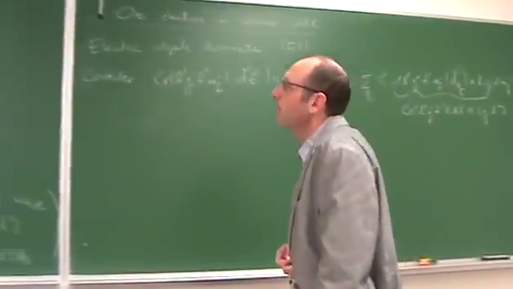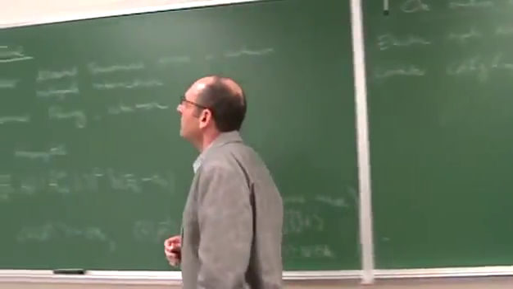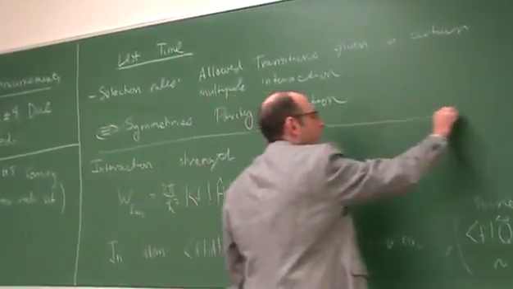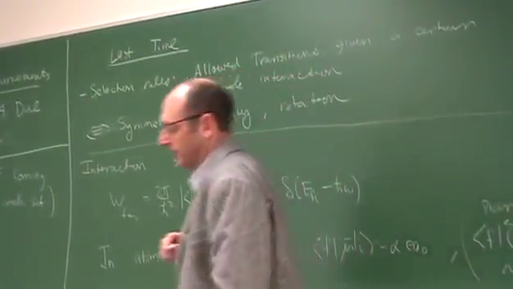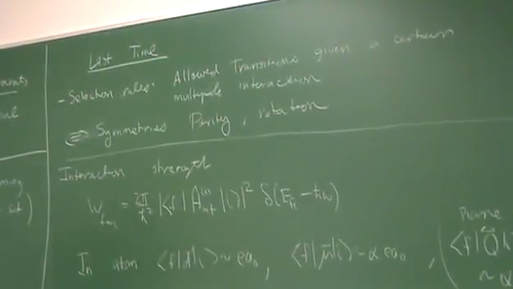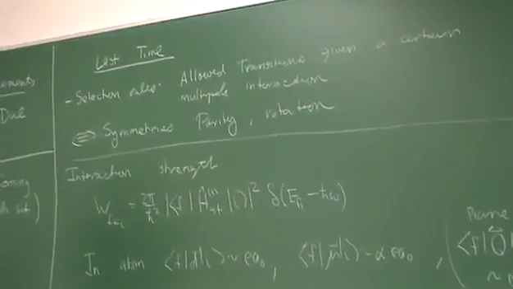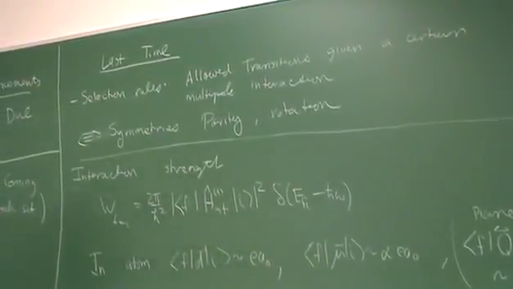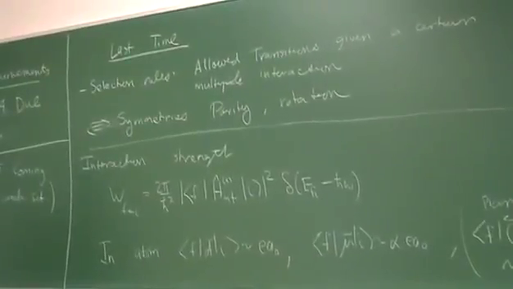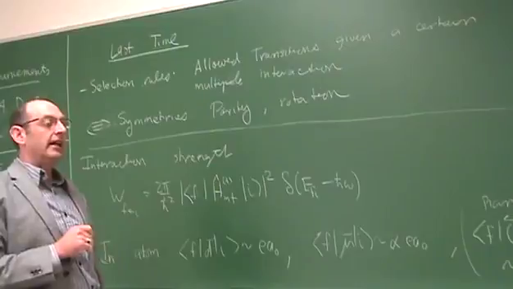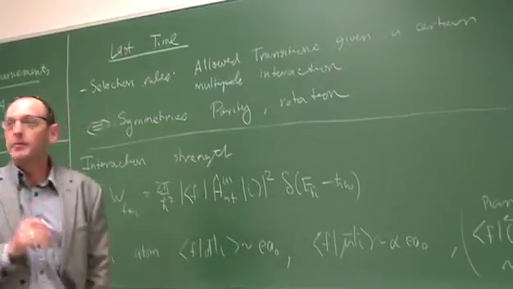Last time we were talking about selection rules for absorption and emission of electromagnetic radiation by atoms, generally molecules or what have you. Selection rules are dictated by symmetries.